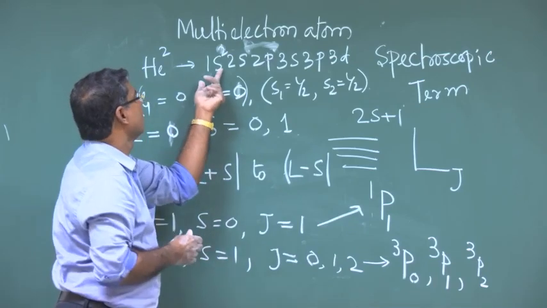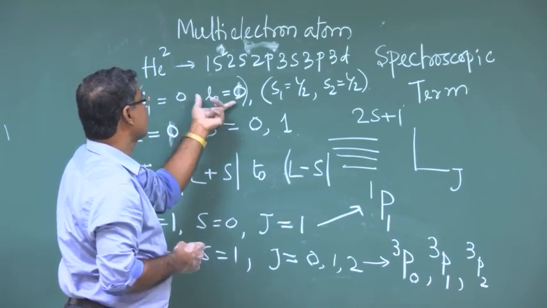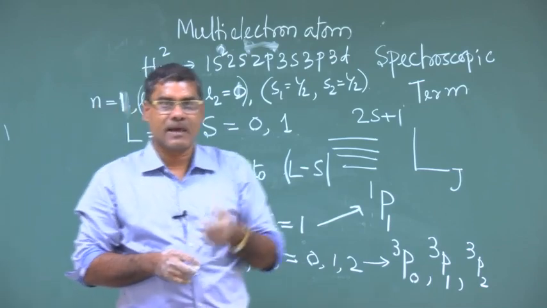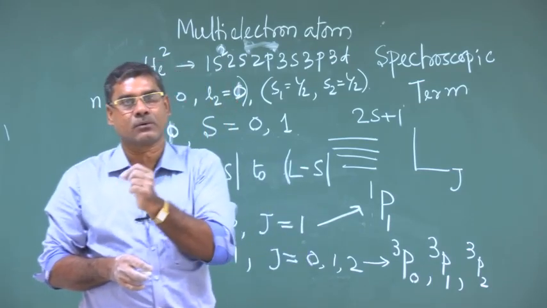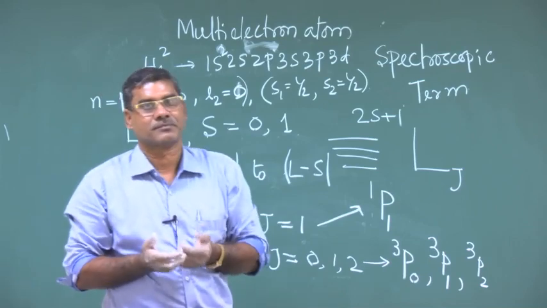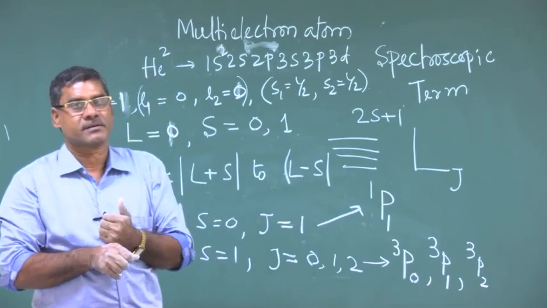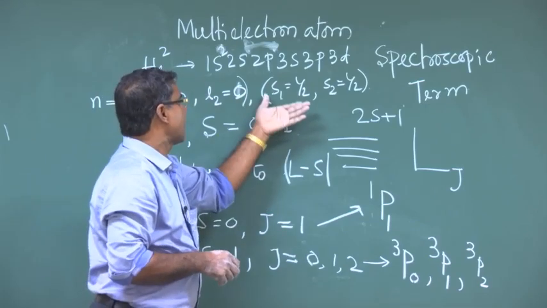Now, if L equal to 0, ML1 equal to 0 and ML2 equal to 0. So, the ML value is also the same, so the MS value has to be different.